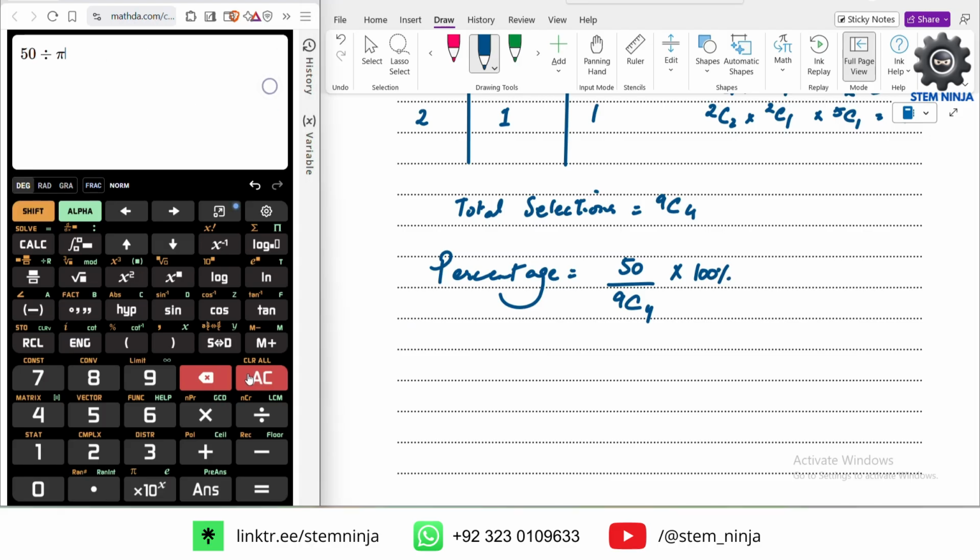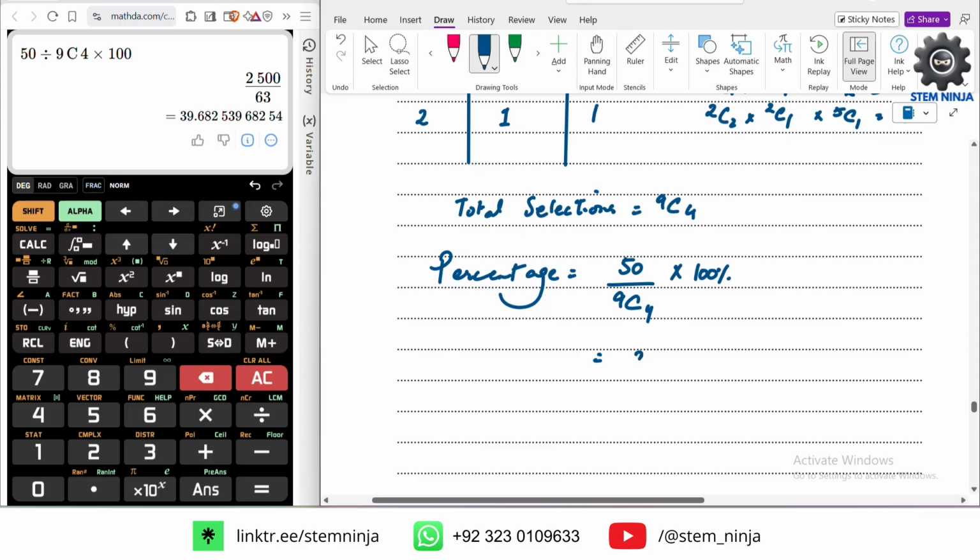So 50 divided by 9C4 times by 100, so we get 39.68%. You can write it as 40. You can write it as 39.7, sorry. 39.7%.